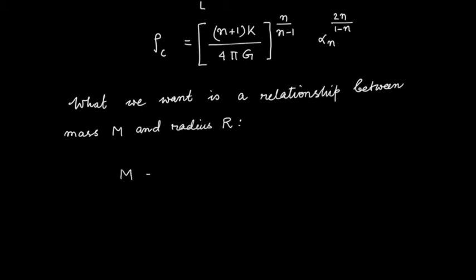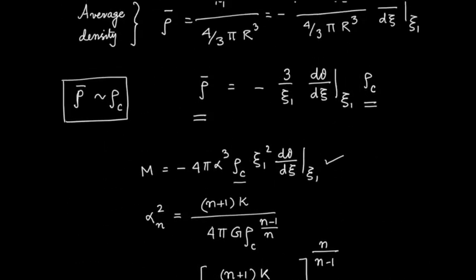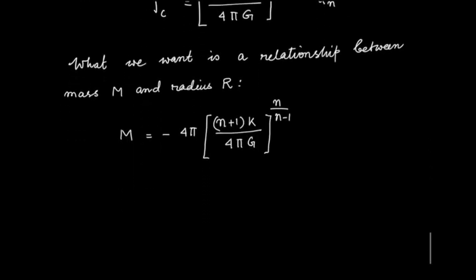So if I write the mass now, I have 4 pi, and then from this rho c I will get n plus 1 into k by 4 pi g. This is a dimensionful but constant number which depends on n, whether it's relativistic or non-relativistic degenerate gas. And then remember that I had here alpha cube and then rho c xi 1 square d theta d xi.